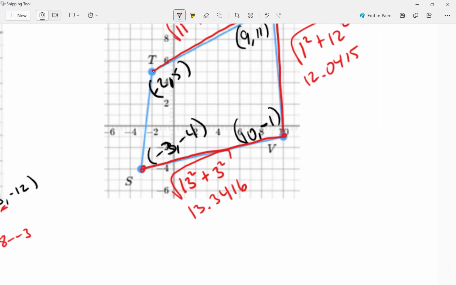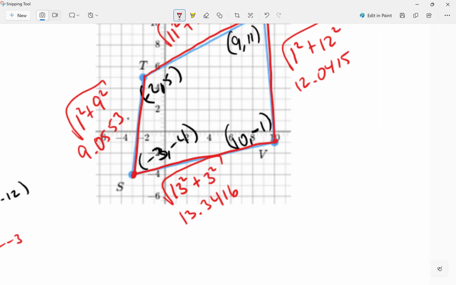Lastly, let me take a look at the side TS. Look at the x values, -2 and -3. The distance between them is 1. The distance between 5 and -4, because I'm looking at the y's now, is 9. Now, the square root of 1 squared plus 9 squared gives me 9.0553.